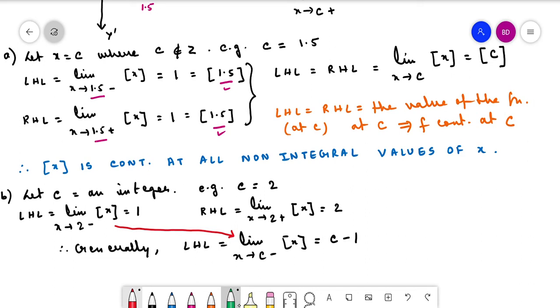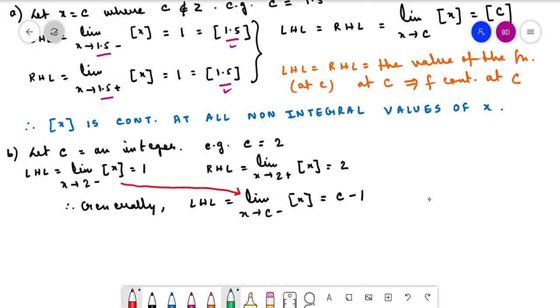And what happens to the right hand limit? Let's see. The right hand limit is the limit as x tends to c from the right of box x. Here you saw when x tends to 2 from the right, the value is 2.